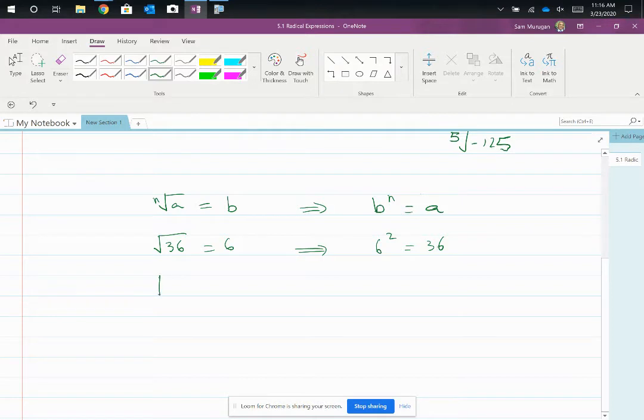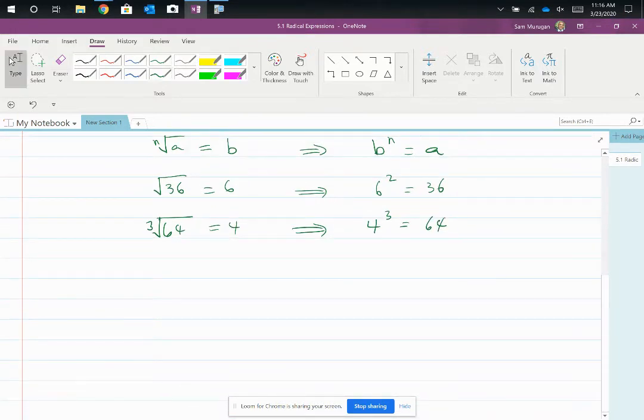Or the third root of 64 is 4 comes from the fact that 4 to the third power is equal to 64. The fourth root of 16 is equal to 2 comes from 2 to the fourth power is equal to 16.